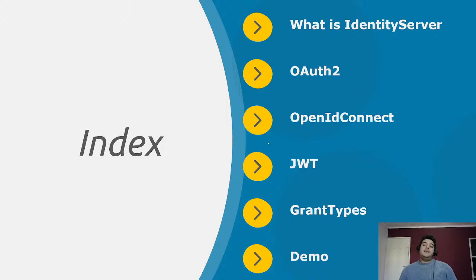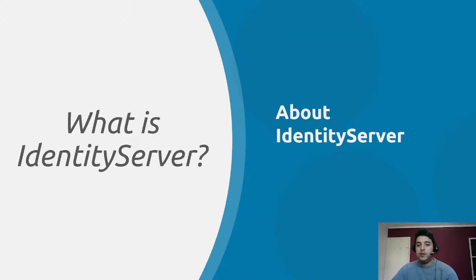These grant types are related to which way we will choose to use in our apps, because to use the identity server we have an exact match, depending on the recommendation of the OAuth2 framework. And finally, a demo where we will code a little bit.